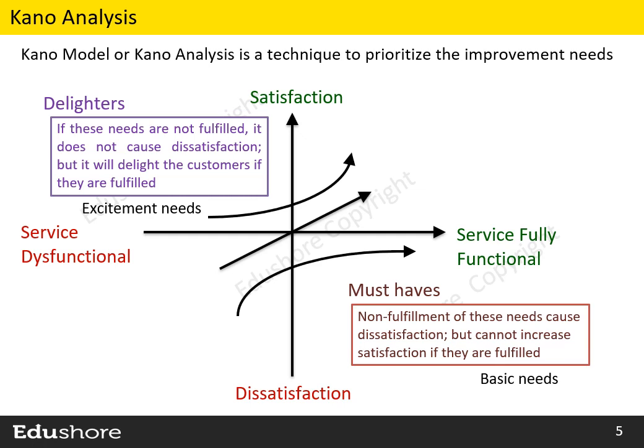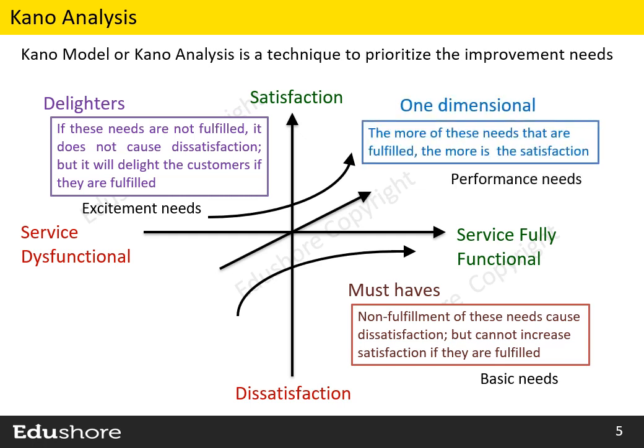The next category of needs is called one-dimensional needs, or performance needs. The more of these needs that are fulfilled, the more is the satisfaction. For example, we will be satisfied to buy a wristwatch if it is reliable, affordable, looks good, etc. So, the reliability, affordable price, and the appearance are examples of performance needs.